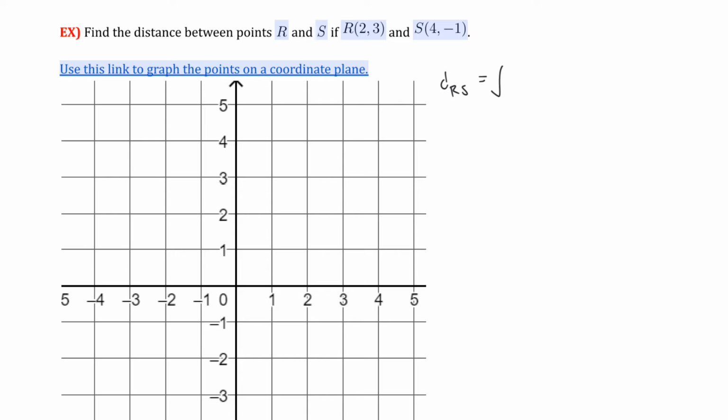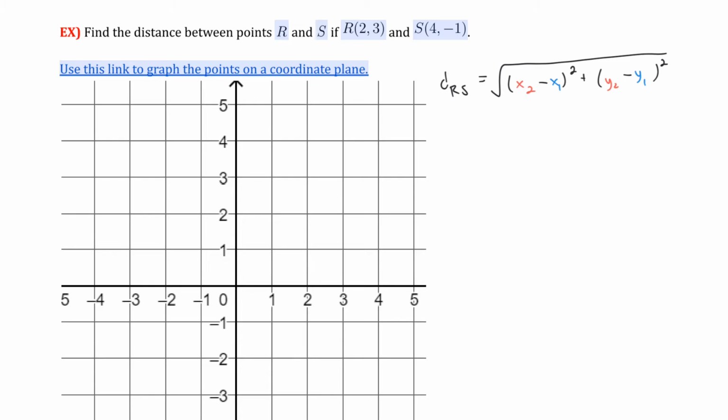And this will be equal to the square root of x2 minus x1 squared plus y2 minus y1 squared.